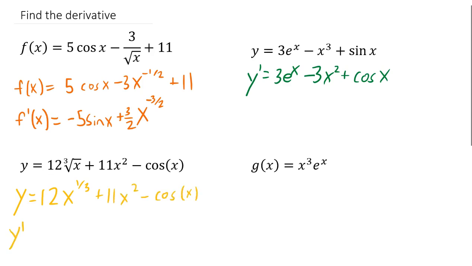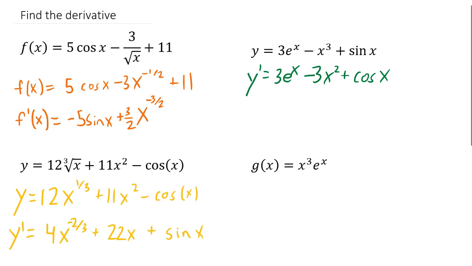Derivative of y prime is going to be, I bring the power down, multiply it by 12, so 12 times a third is 4, and I make the power 1 smaller, plus 11 times 2 is 22, make the power 1 smaller, it becomes x to the first power. I'm not going to write that 1 in the exponent. Derivative of cosine is negative sine, so I'm going to have minus negative sine, which of course, minus a negative, it's better if I just write plus. Not better, it's an opinion question.